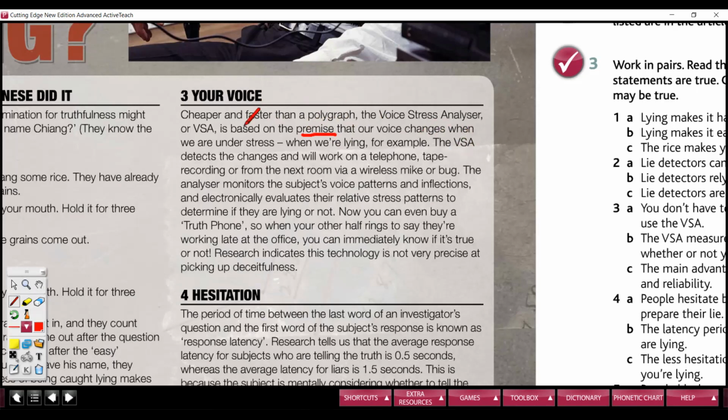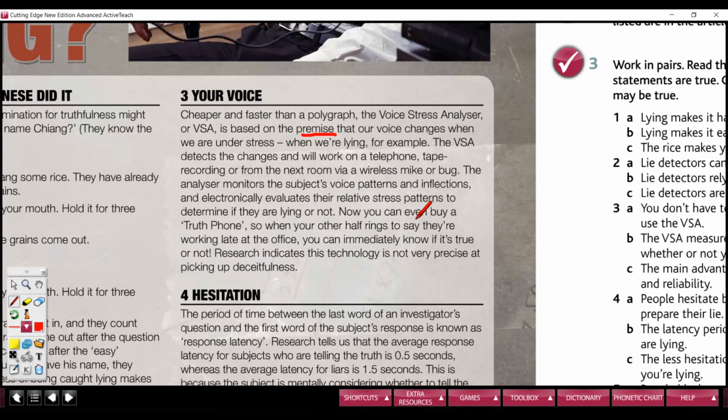The VSA detects the changes and we work on a telephone tape recording from the next room via a wireless microphone, okay? The analyzer monitors the subject's voice patterns and inflections and electronically evaluates their relative stress patterns to determine if they are lying or not.